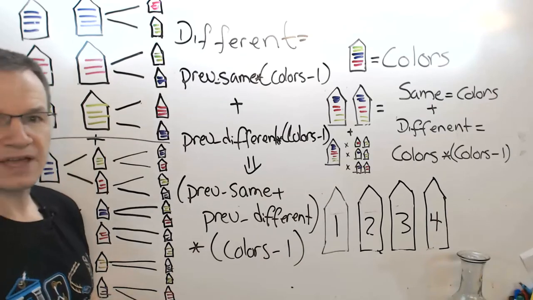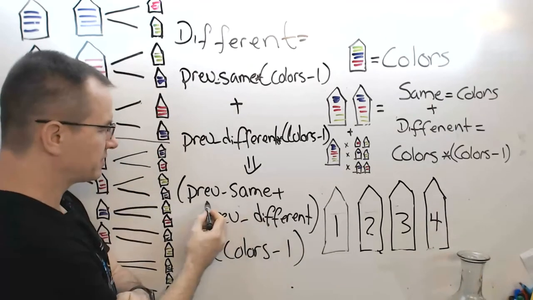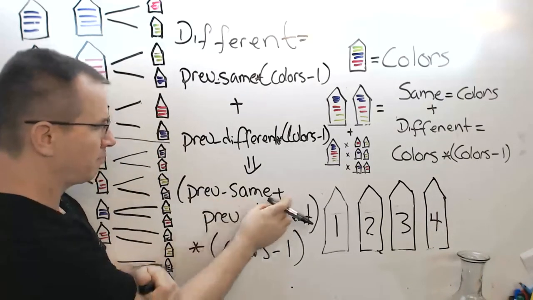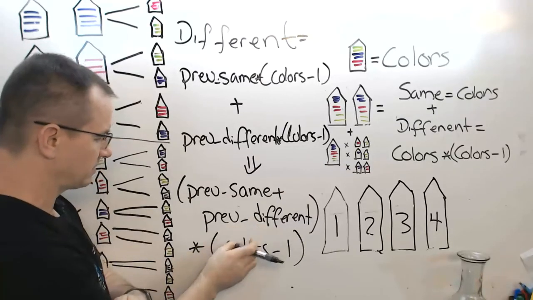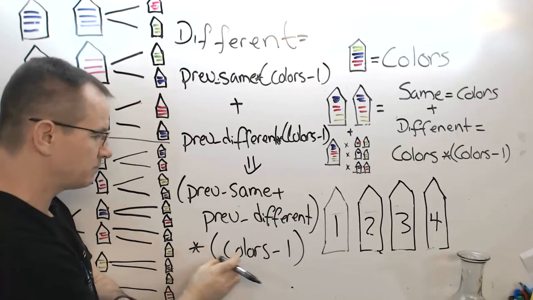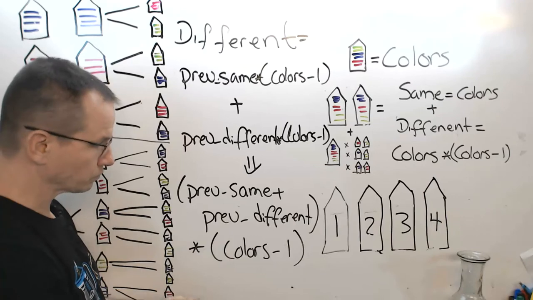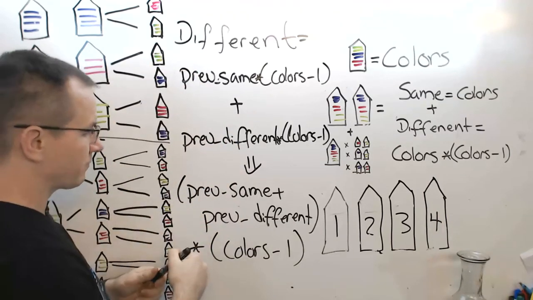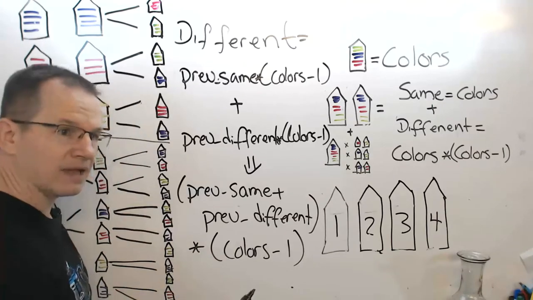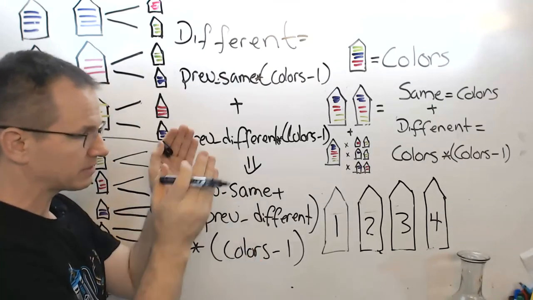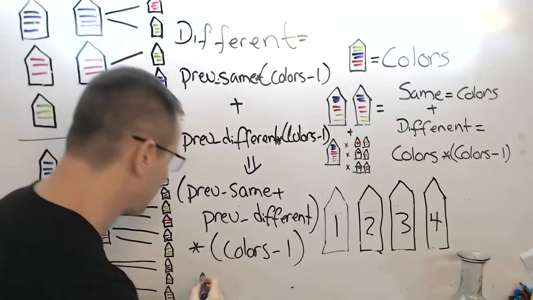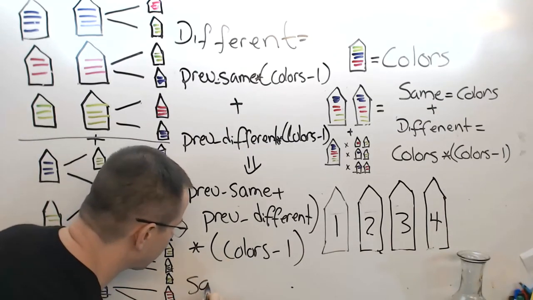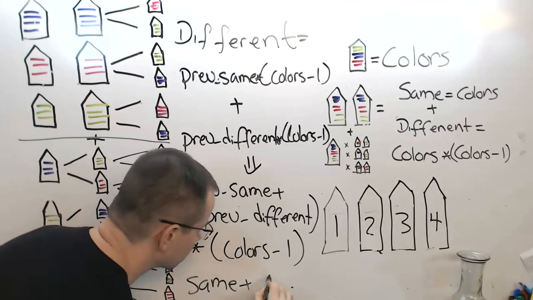Now I can simplify that a little bit, and I can simply say my previous same plus my previous different, times color minus 1. And so that would be my equation for different, and then when I put together what I had before on the same, I simply would return same plus different.